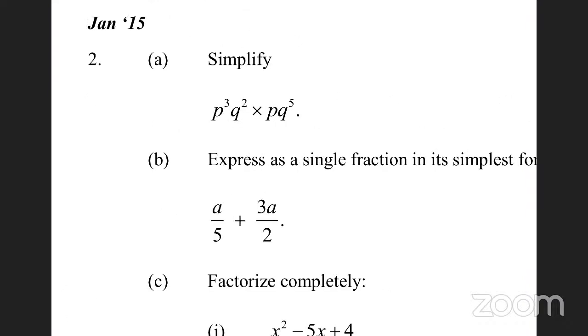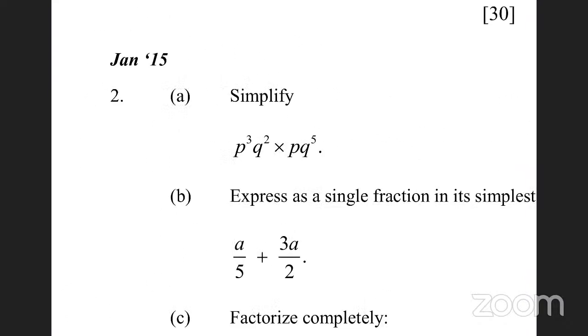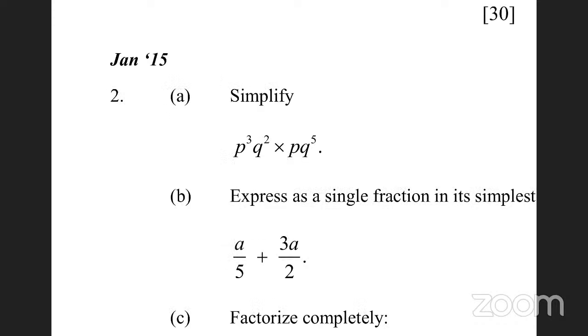Simplify this fraction here. Actually do A and B, but do B first. Do this part first and then do this part. Simplify that fraction there first. Then I want to see how you handle part P. Finished?